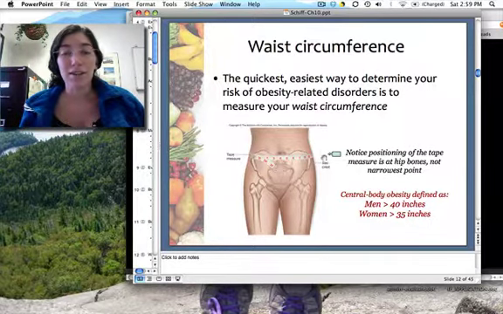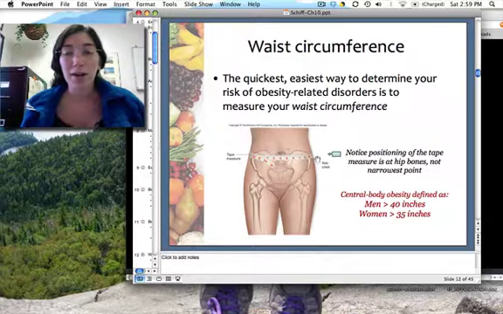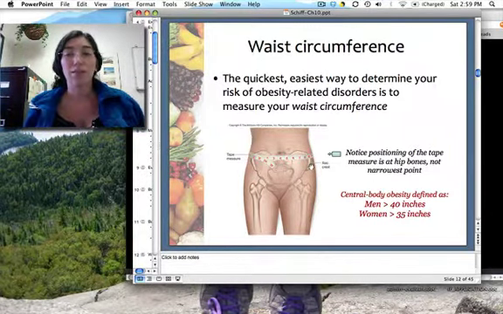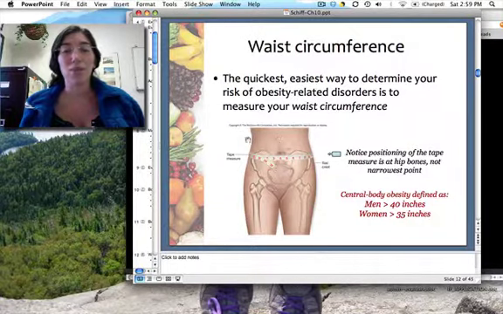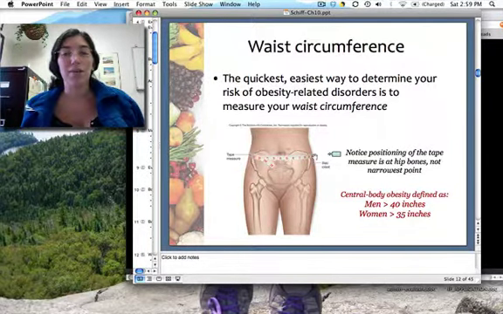And notice here in this little diagram from the book that when you take a waist measurement for this waist circumference, it's not at your true waist. When you think of your waist, you're thinking of that narrow point, like right about here. Most people talk about their waist here, like fashion-wise. This would be the waist. But in terms of this waist circumference measurement, you want to do it just below the navel, right where the top of your hip bones are.